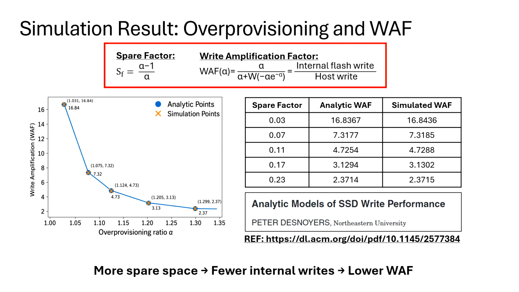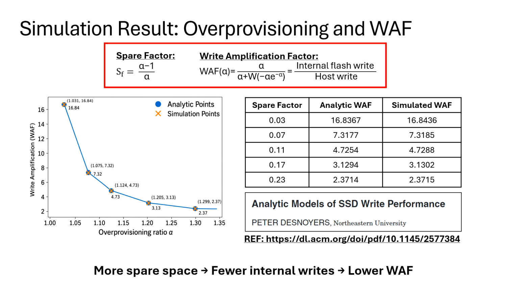For this, I have followed the paper, an analytical model of SSD write performance, where they analytically modeled this and also developed a simulator. This is the equation for how they modeled the over provisioning factor and how it is connected with the write amplification factor.